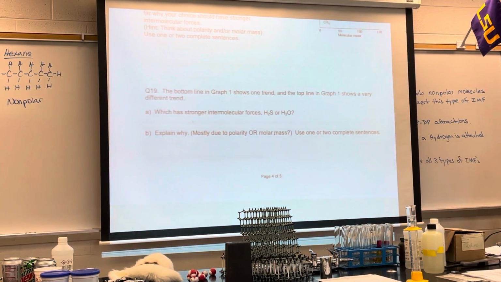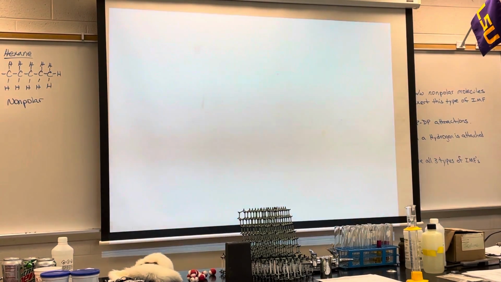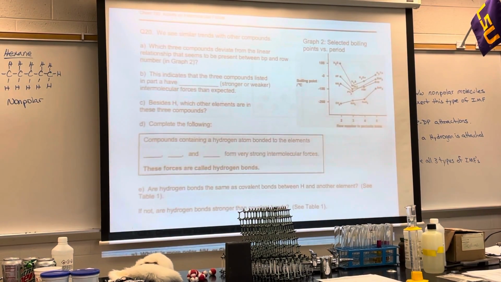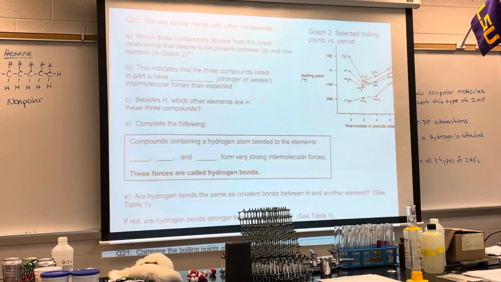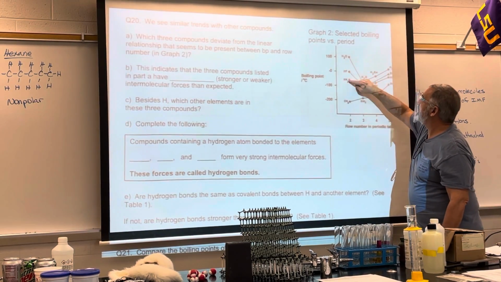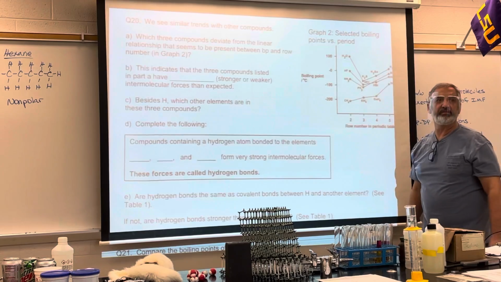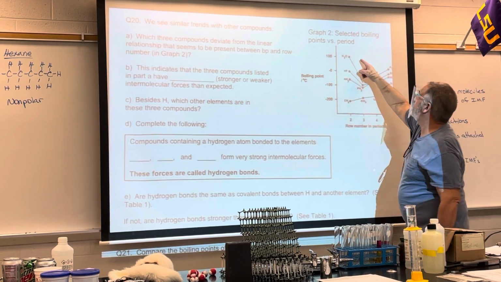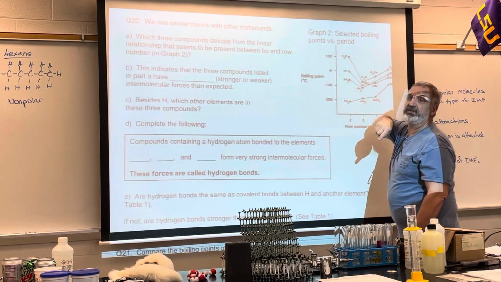And then that point is stressed again on the next graph. When we look at that graph, so now we have 3 periods that they're going across. What do all 3 of these have that these other ones don't have? Hydrogen bonds. So I would circle all these on my paper and say all have hydrogen bonds.